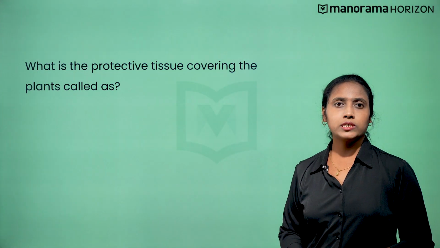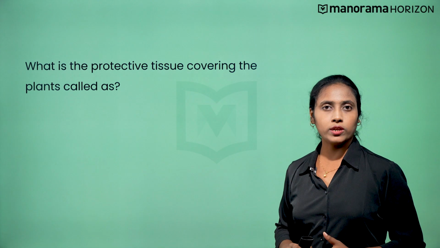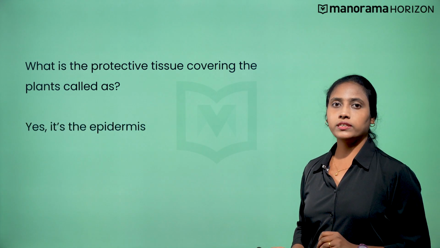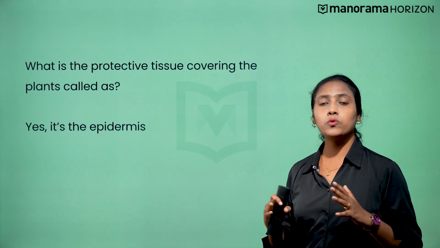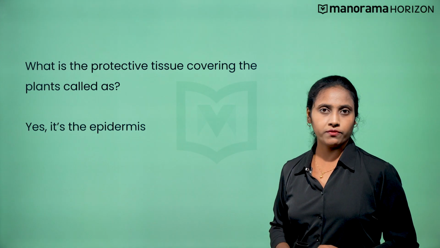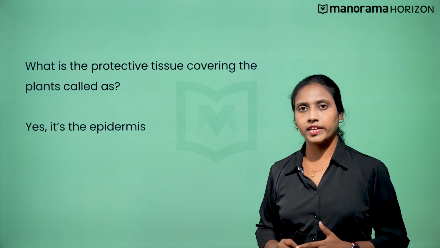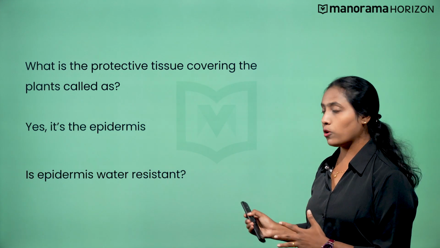Can you now guess what the protective tissue covering the plant is called? Yes, it is called the epidermis, which is present throughout the outer surface of the plant as a protective covering. Since the epidermis functions as a protective covering, don't you think it must be resistant to water as well?